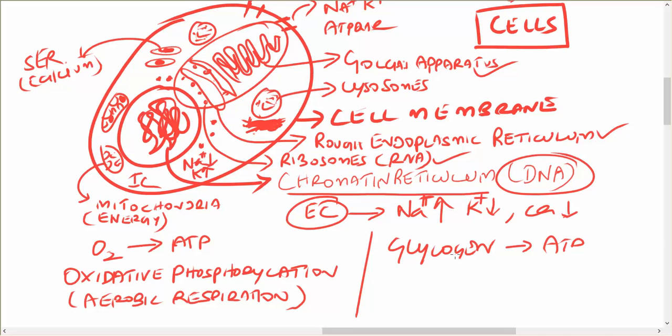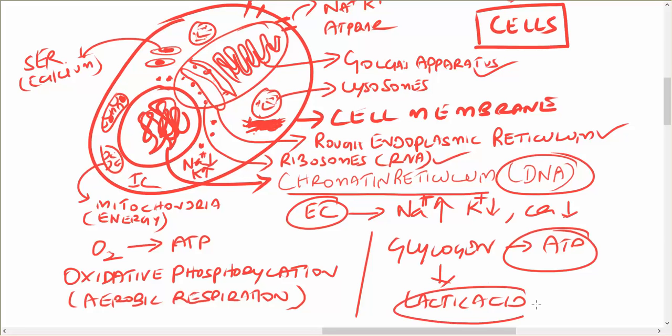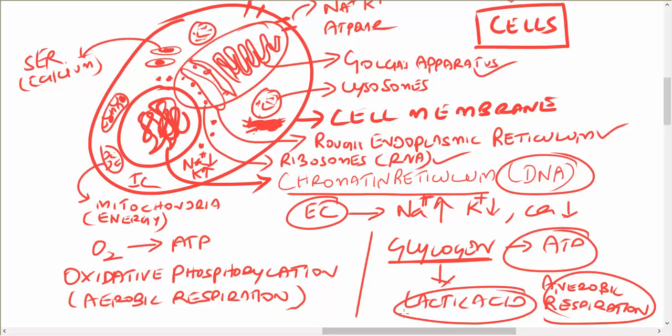If oxygen is not available, then they form a byproduct because of this breakdown of glycogen, and it forms lactic acid. If they use glycogen, it is called anaerobic respiration. So here the problem is they produce more lactic acid.